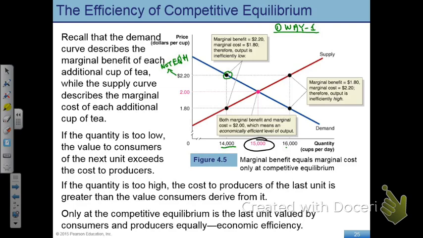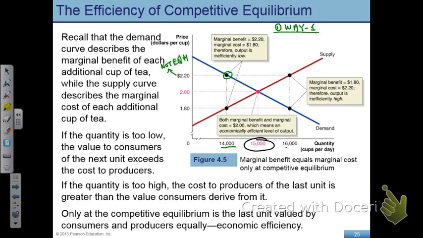So I am looking at 14,000 units, an arbitrary quantity in the market, and asking myself, is this output level maximizing my consumer surplus plus my producer surplus? Are we all clear on the question?